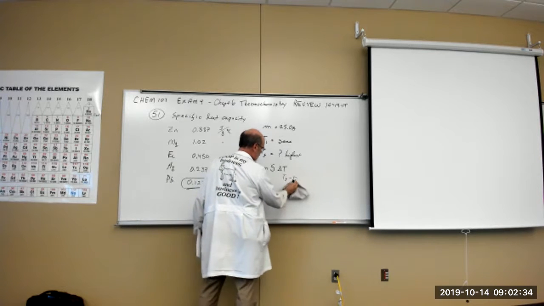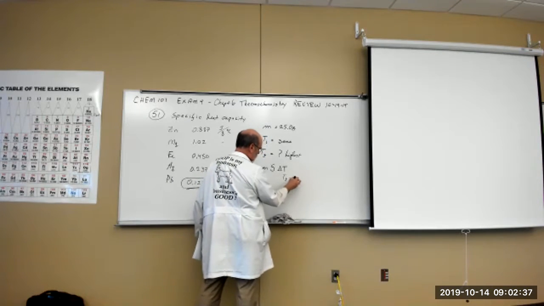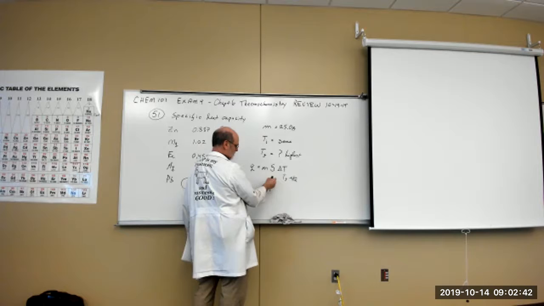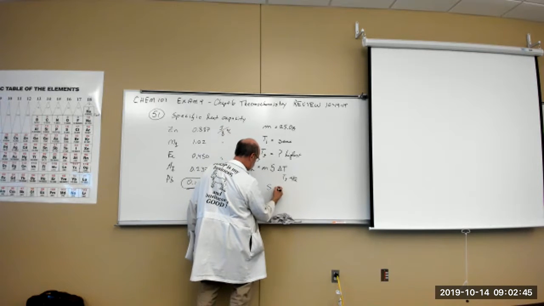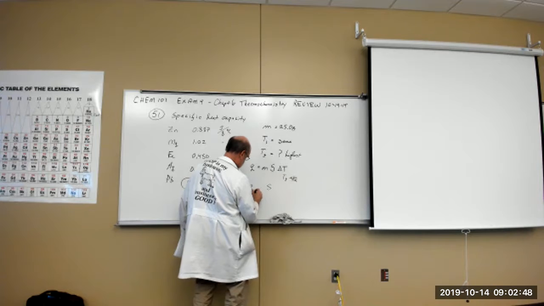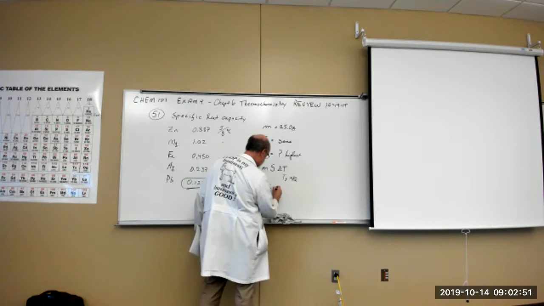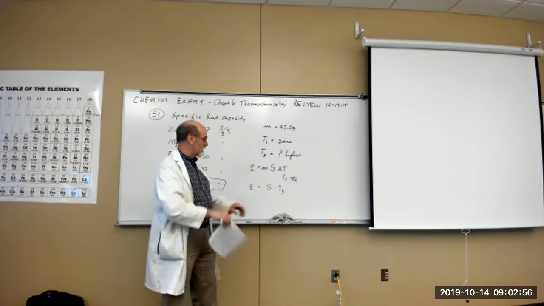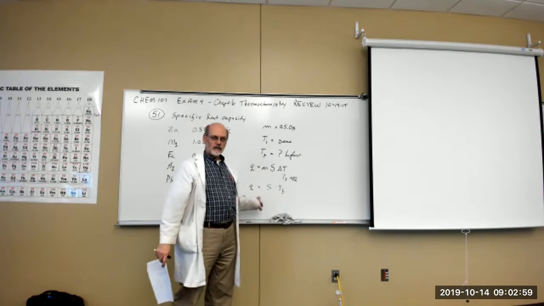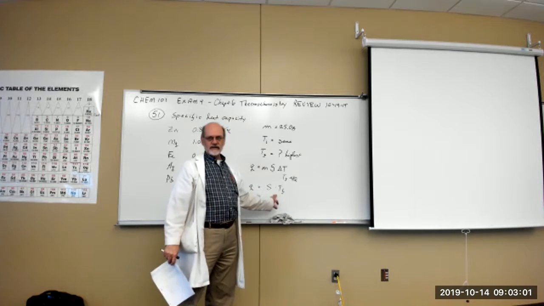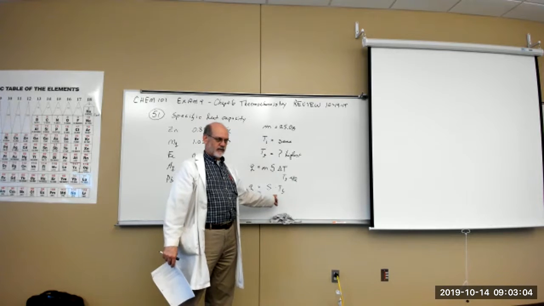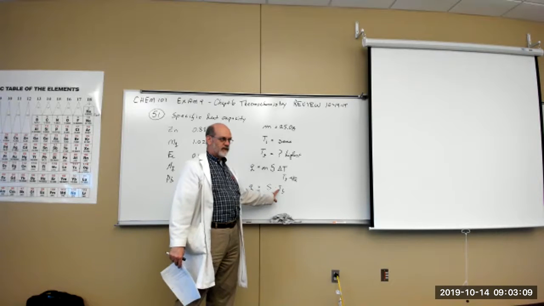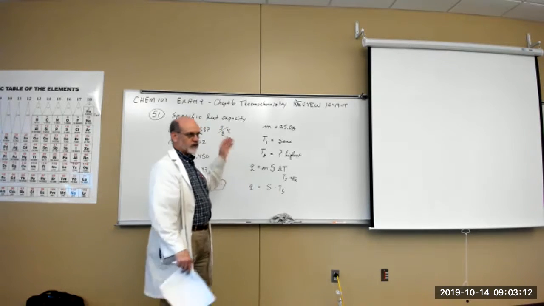Okay. So this is constant. That means we only have to say, how do these two vary? Right? So we've got Q is equal to S times T final. And these two vary. Right? So now we have a product equal to a constant. So what do we say about products equal to a constant? They're inversely proportional. Right? So if this one goes down, that one goes up. There's two ways of looking at the same problem.